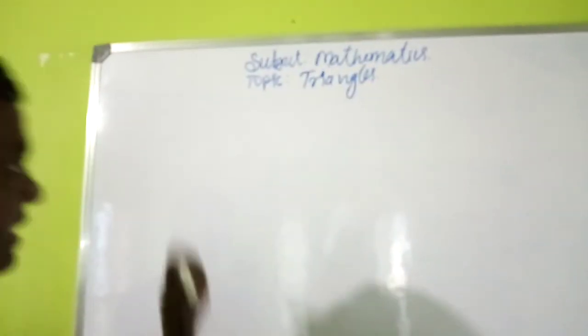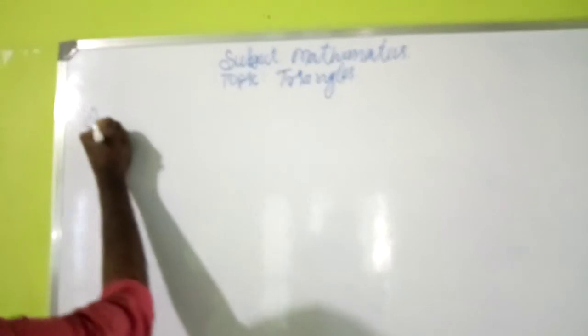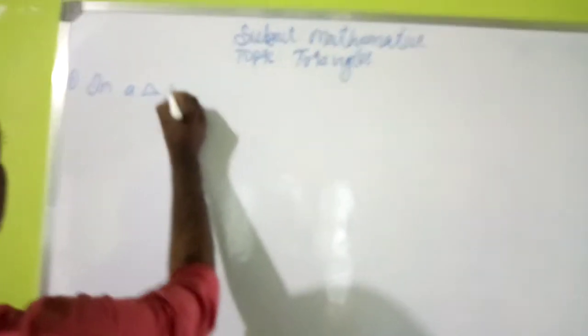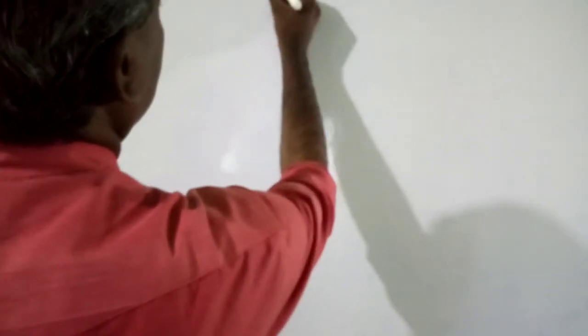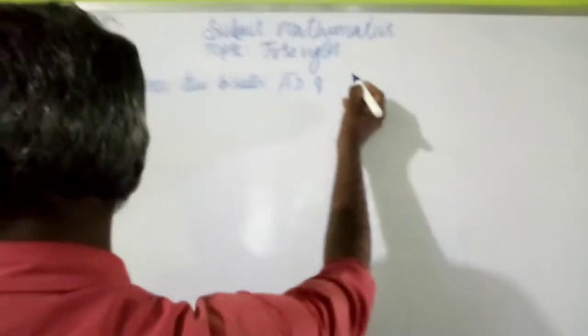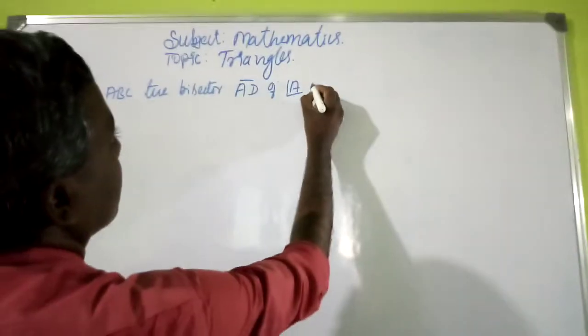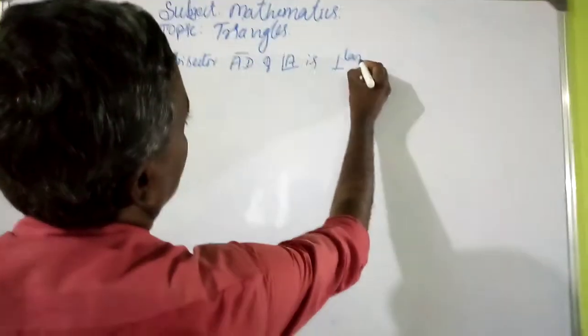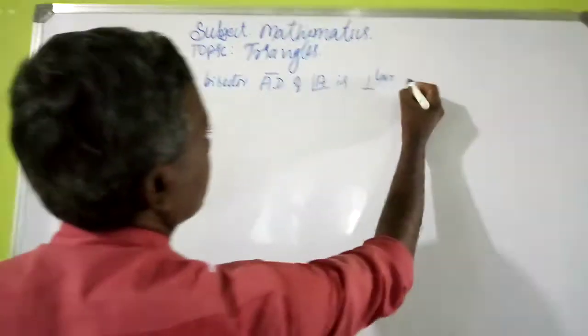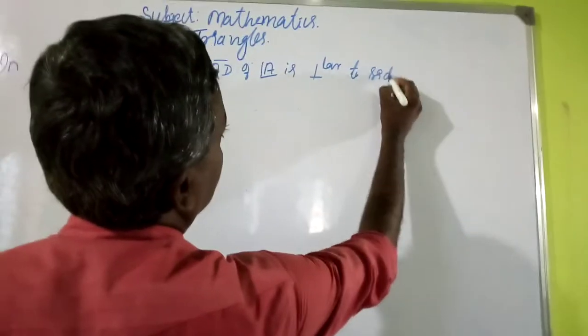In a triangle ABC, first problem, in a triangle ABC, the bisector AD of angle A is perpendicular to side BC.